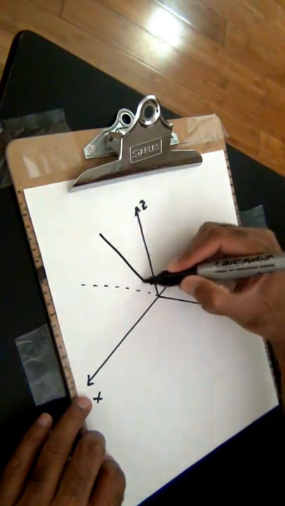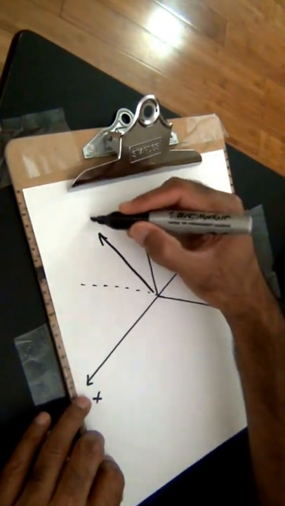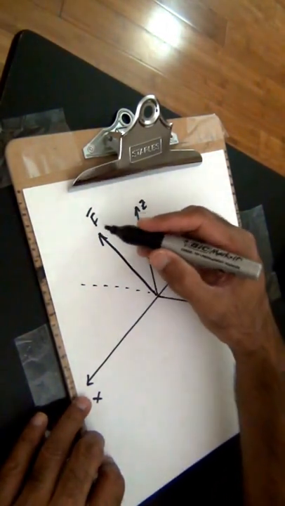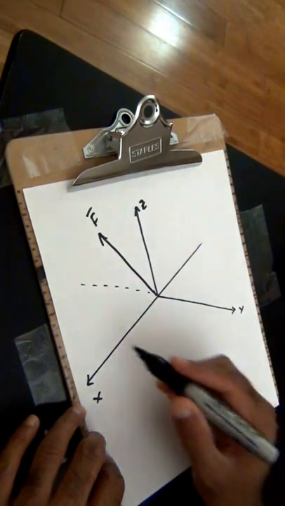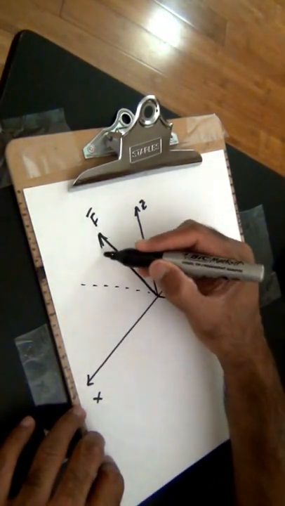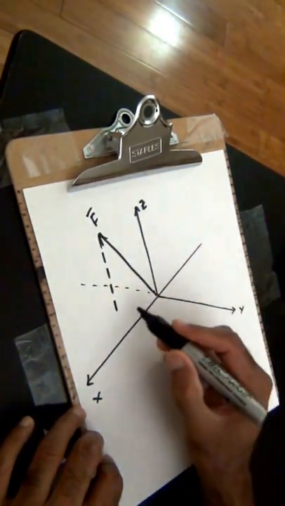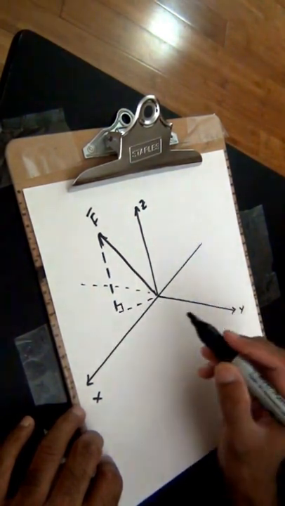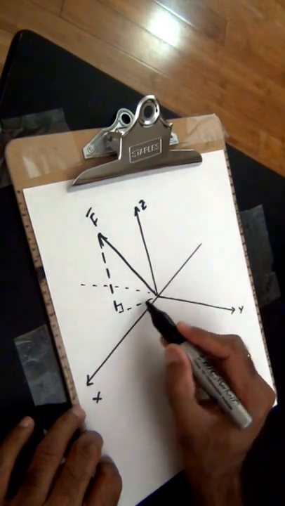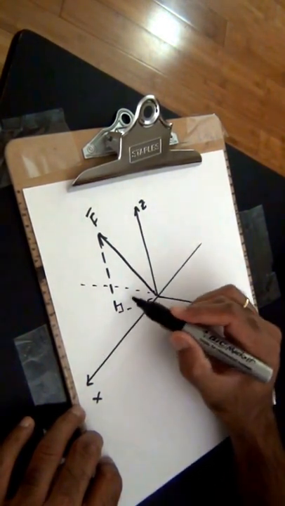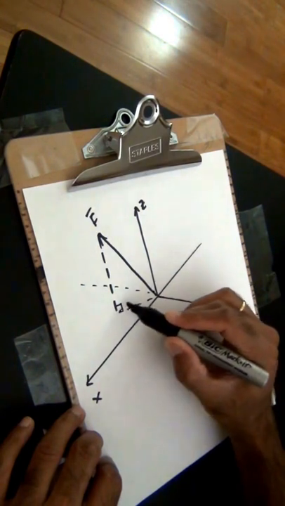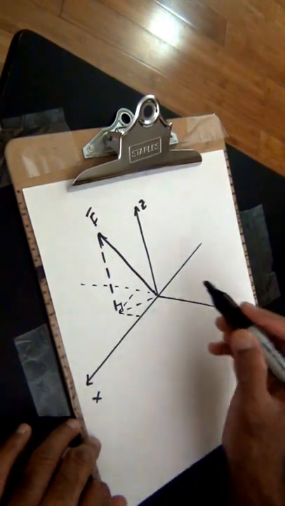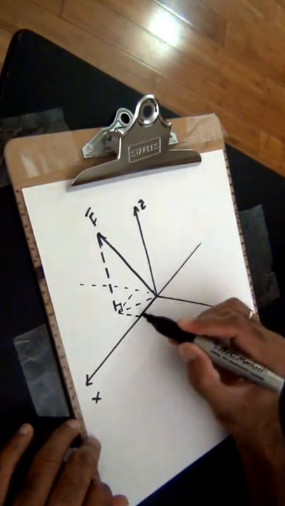So I have the force which is drawn here. So this is the force F. Now I drop a perpendicular onto the xy plane here, and then I complete the triangle. So that's a 90-degree triangle, and then I take this particular vector here and project that onto the y and the x directions, and I see that if I do that, it intersects the x-axis at a particular location.